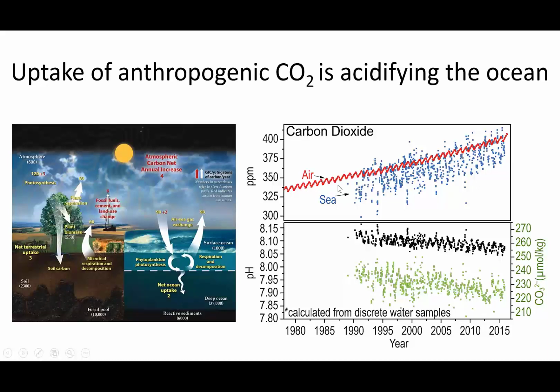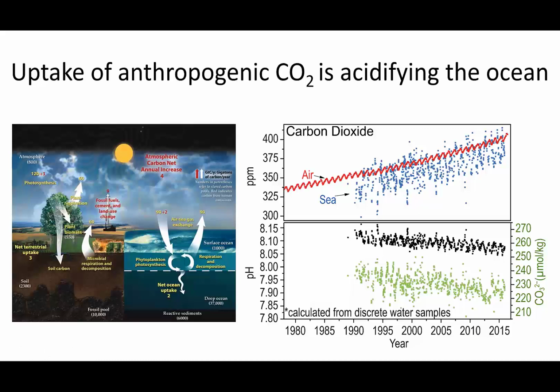At the same time as the dissolved CO2 is going up in the surface ocean, we can see that the pH, shown in black here, is decreasing. So we've had a decrease in the surface ocean pH over this time period of around about 25 years, from about 8.12 pH units in this particular location down to around about 8.08.